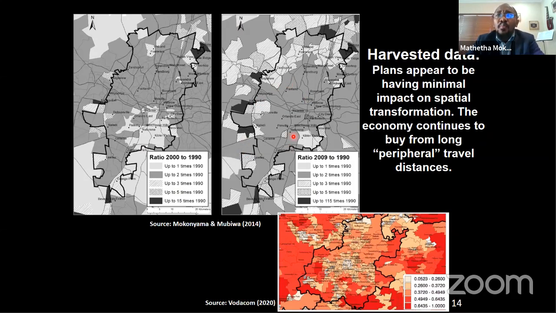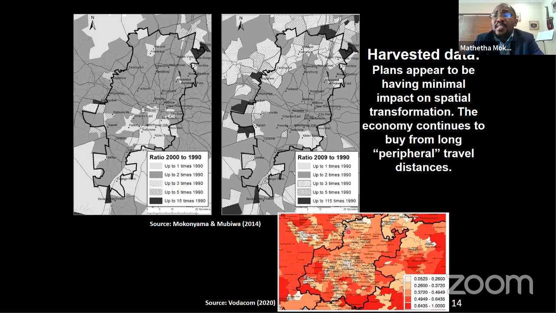So more and more, with all the policies that we've put together, with all these urban edges that have been put in place, the economy is still buying more and more from peripheral, long distance travel. The picture at the bottom is Vodacom this year, having looked at the proportion of people at the ward level who travel more than 10 kilometers, and this is Gauteng province.